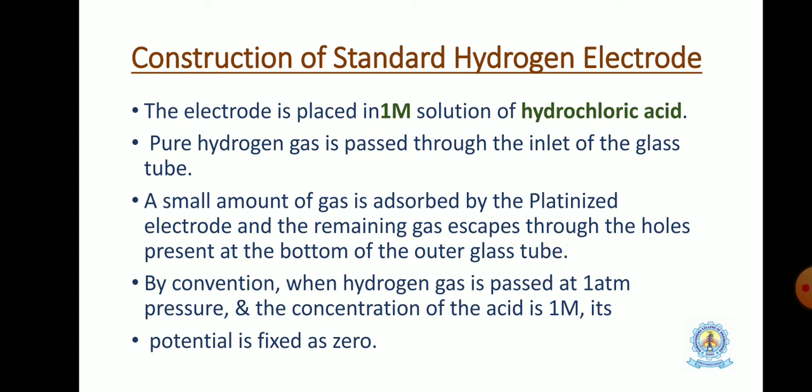After this construction, when you place it in a 1 molar electrolyte and apply 1 atmospheric pressure, automatically the potential value of the hydrogen electrode becomes 0. That is the fixed potential of the hydrogen electrode.